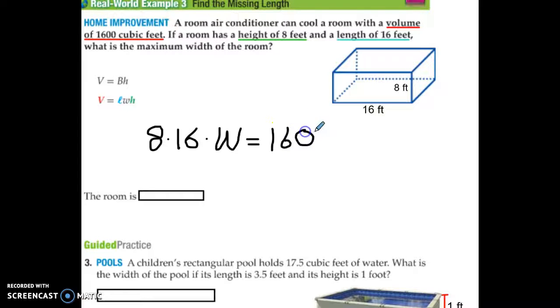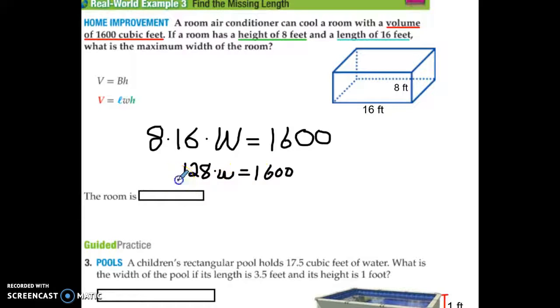I want that to equal 1,600. Well, this is an equation now. So I do 8 times 16, just to figure out what that is. I believe that's 128. Times W equals 1,600. To solve this, 128 times W equals 1,600.